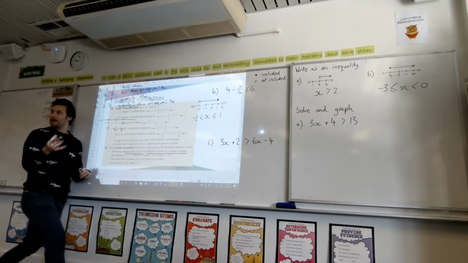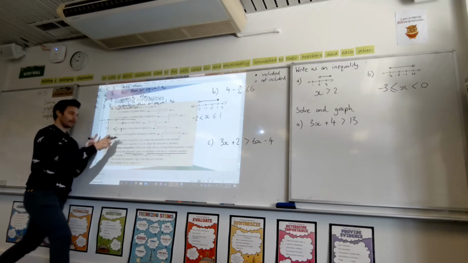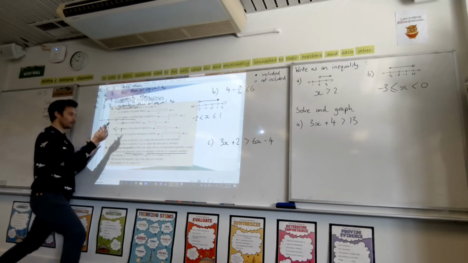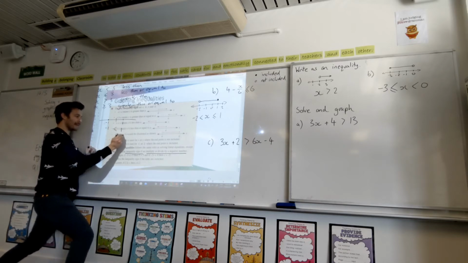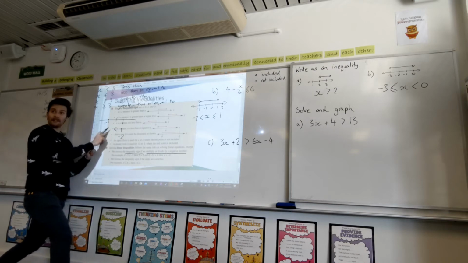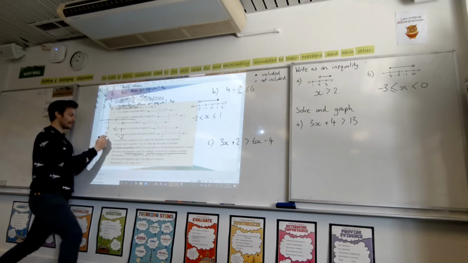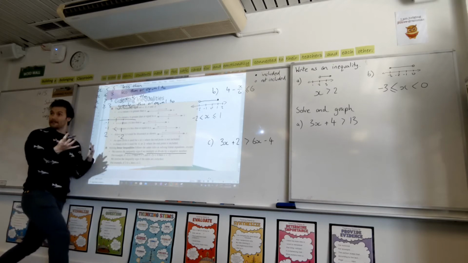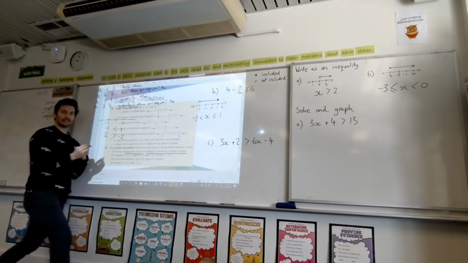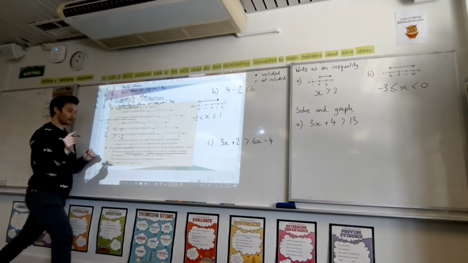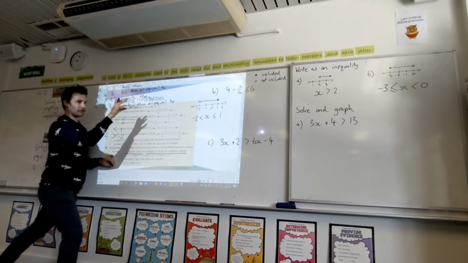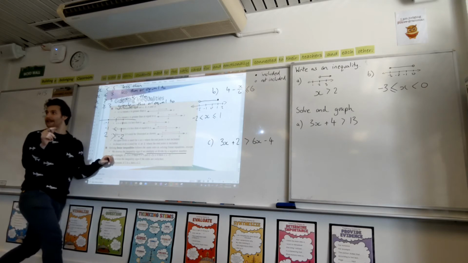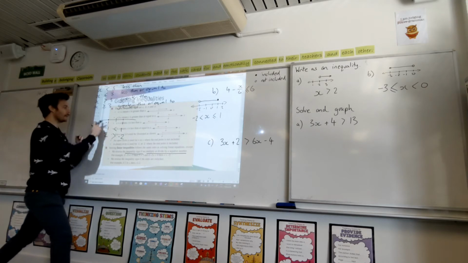But if we multiplied each of those by a negative number, let's say we multiplied them by -2, this would become -2. This would become +2 because it's a negative times a negative. So now we've reversed the direction of what's the biggest out of the two. So I'd have to reverse the sign as well. So that component's really important. If while you're simplifying you multiply or divide by a negative number, make sure you reverse the sign on there.